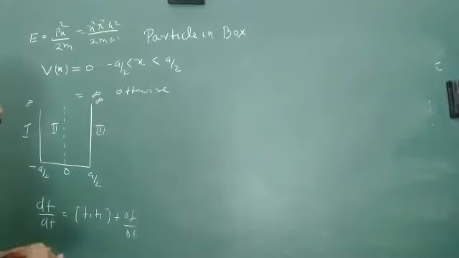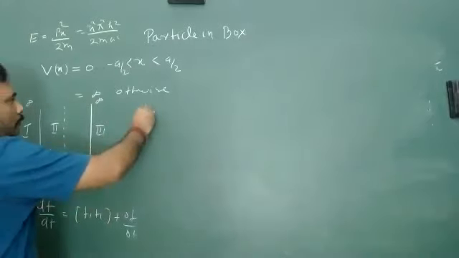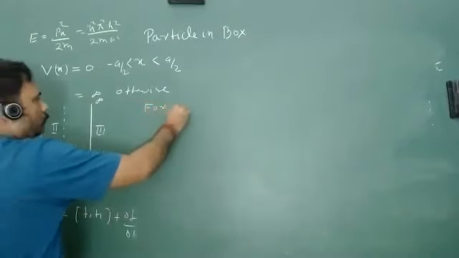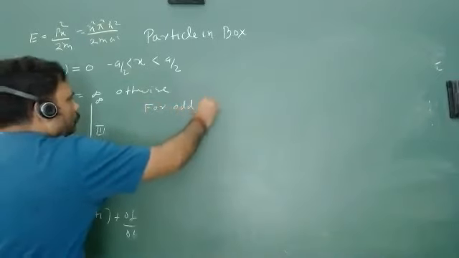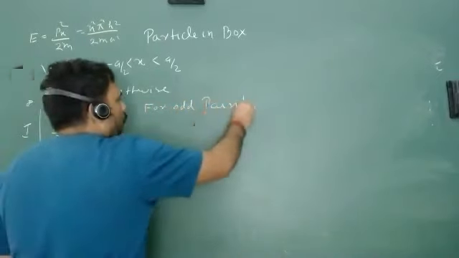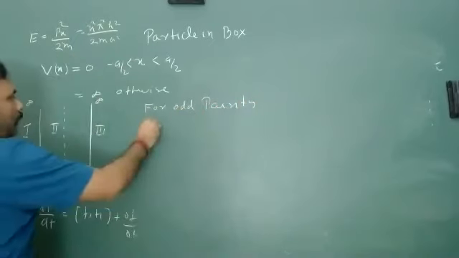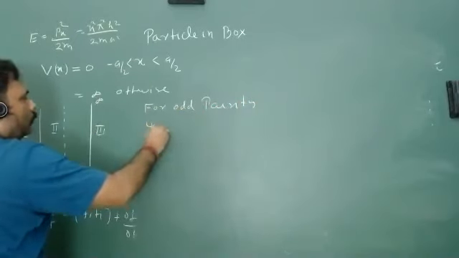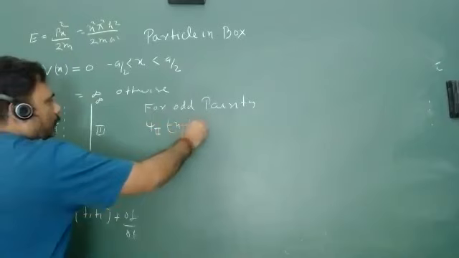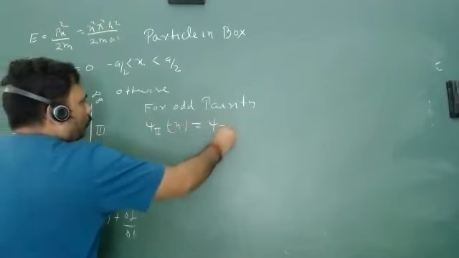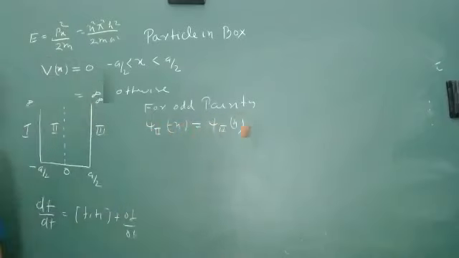So for the odd parity, you have to write psi 2 minus x must be equal to minus psi 2 x.